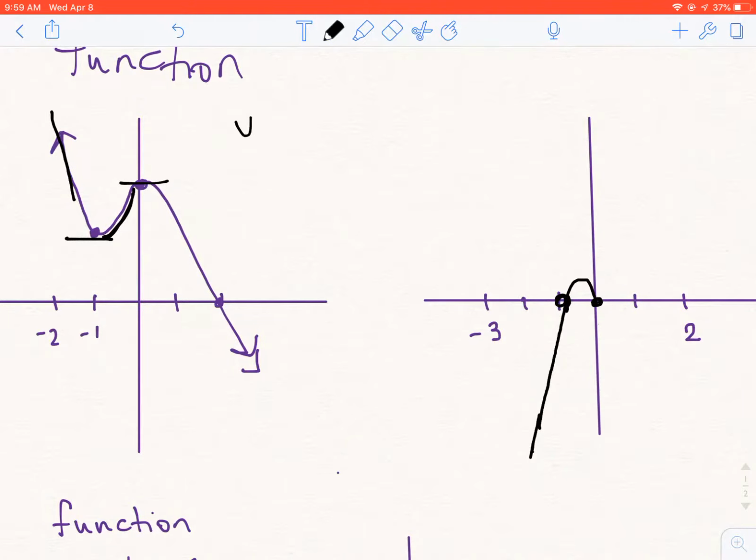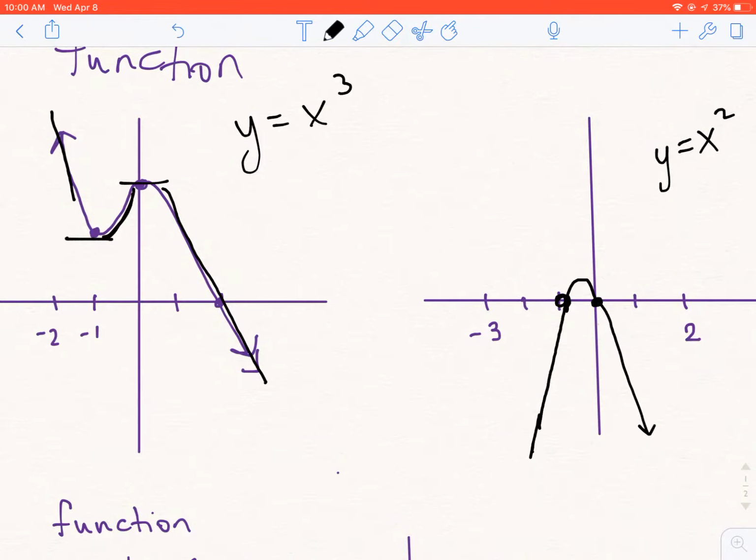Because this is a cube, right? y equals x cubed. So I know that this has to be a y equals x squared kind of thing. So I know I'm looking for a parabola. And then I look at this and I say, oh, all of these slopes are negative. So it's going to go down like that. All right, so it's kind of a bad graph, but there you go.